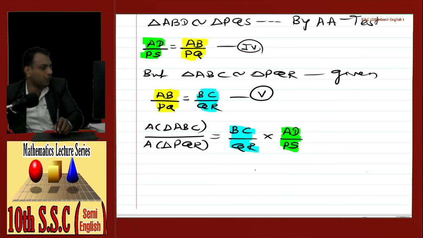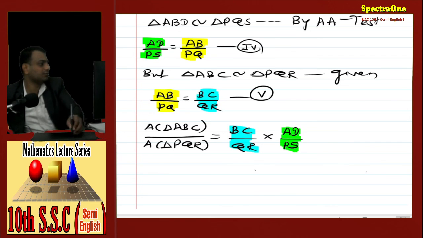Therefore, from 4 and 5, instead of AD upon PS, we can write AD upon PS equal to AB upon PQ equal to BC upon QR.